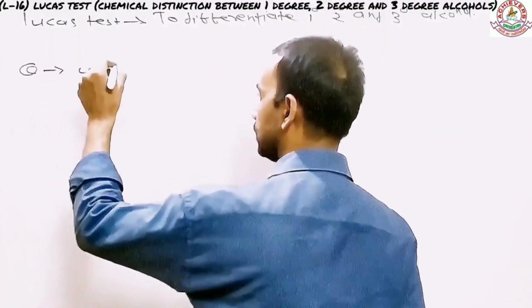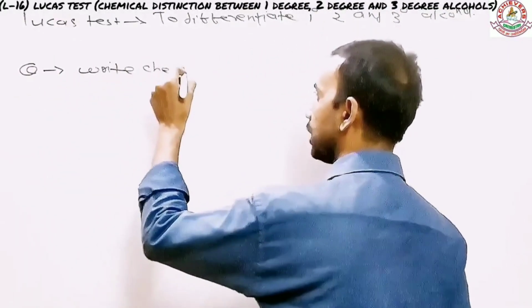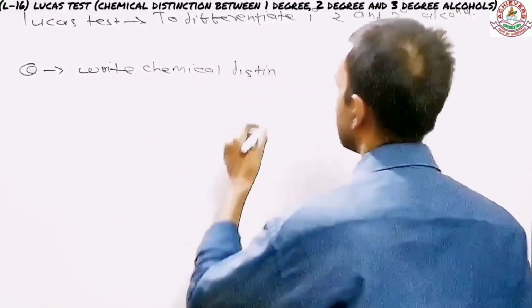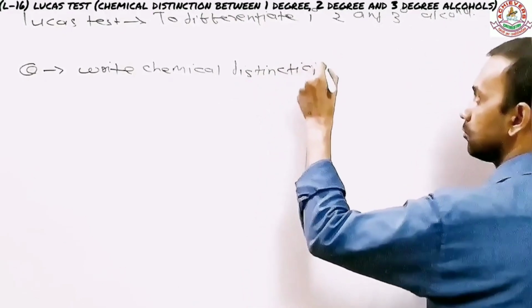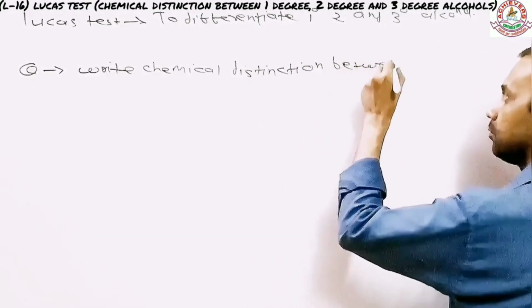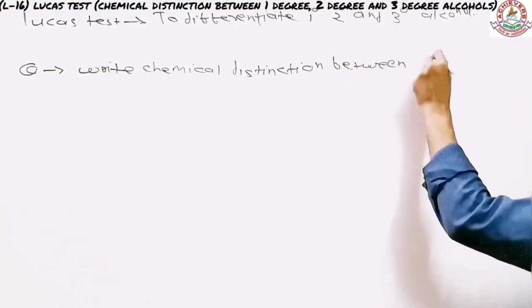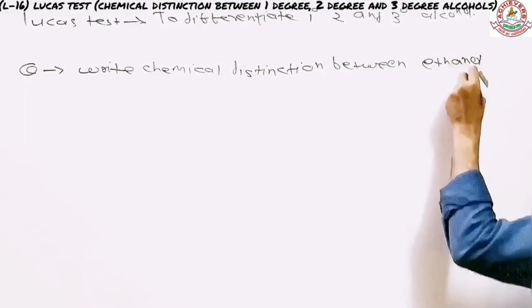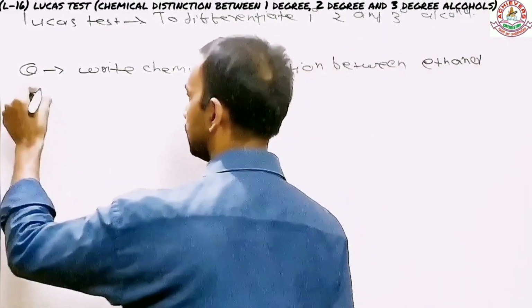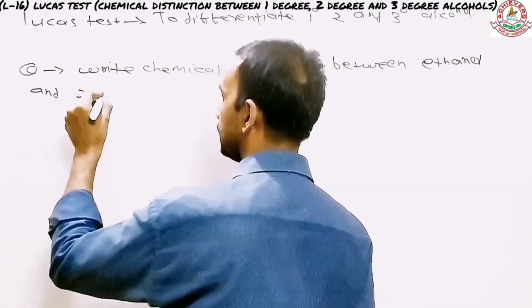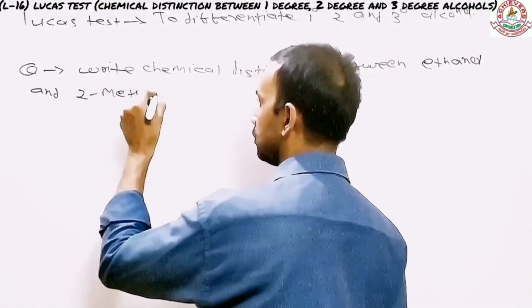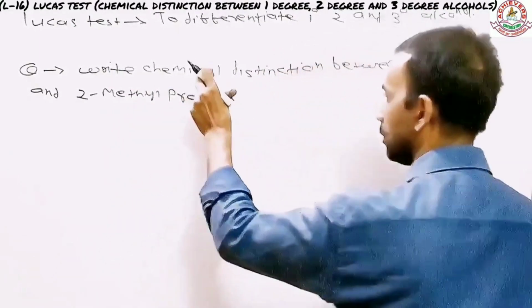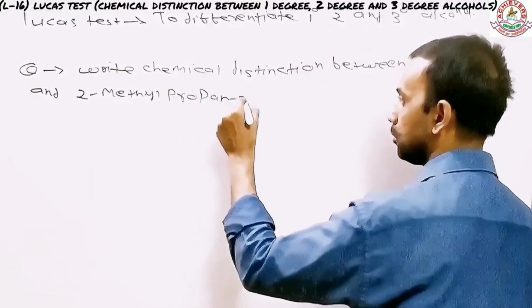Write a chemical distinction between maybe ethanol and 2-methyl propane-2-ol.